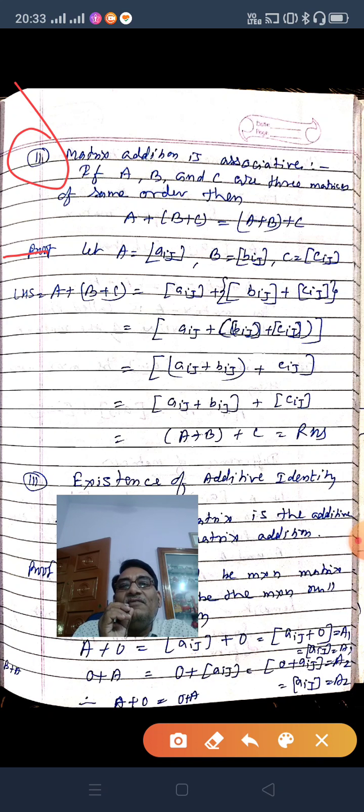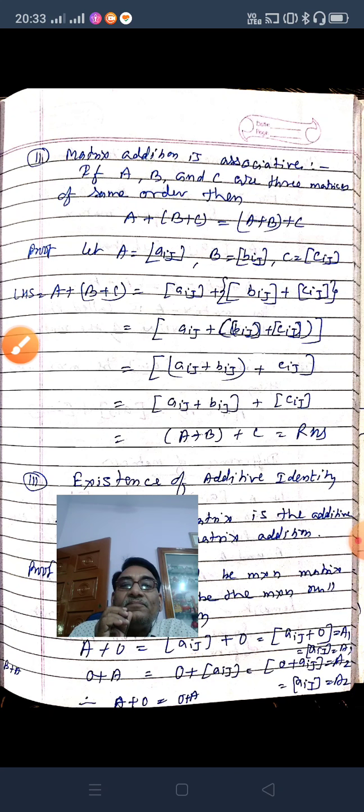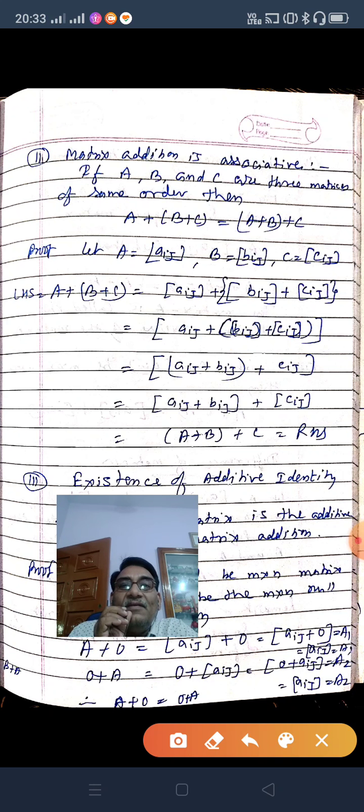We put the elements Aij plus (Bij plus Cij). After that, it can be written as (Aij plus Bij) plus Cij, with Aij plus Bij in one bracket, which is (A plus B) plus C, equal to the RHS. So it is the associative law.